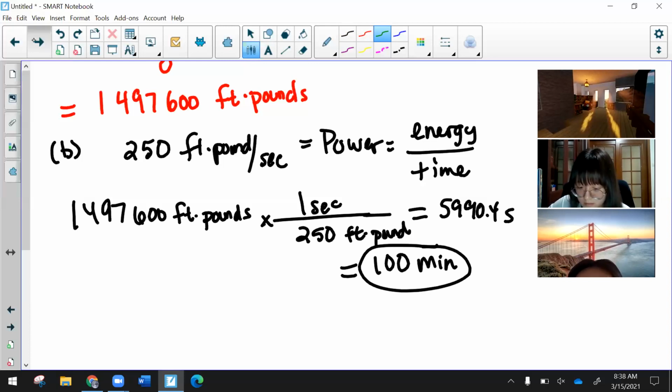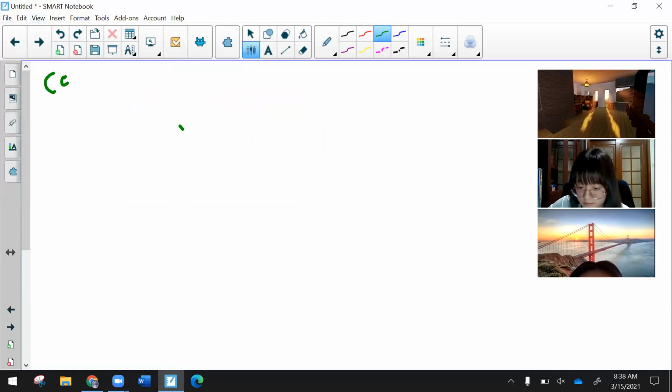Okay. All right, so the last part says, show that the pump in part B will lower the water level 10 feet, halfway, during the first 25 minutes of pumping. So how do you think we're going to do that?